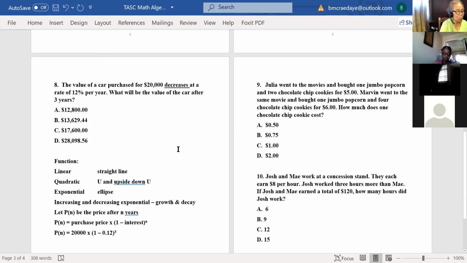Okay. So this is what I want you to solve. Do what's in parentheses first. Subtract 0.12 from 1, raise it to the third power, which means multiplying it by itself 3 times.